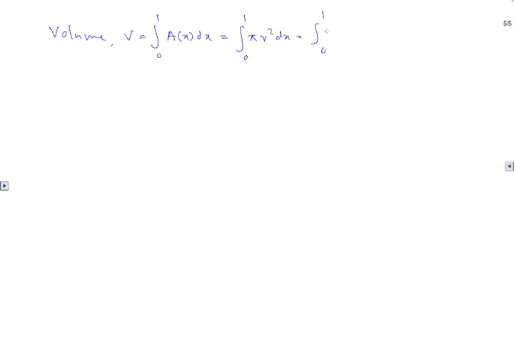I'm just writing everything, but since we found it, we don't need all of them right now. So pi y squared dx, the integral from 0 to 1 of pi times square root x squared dx. That means the integral from 0 to 1 of pi x dx.